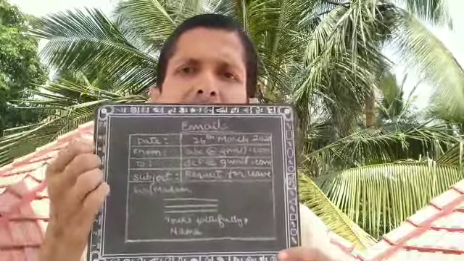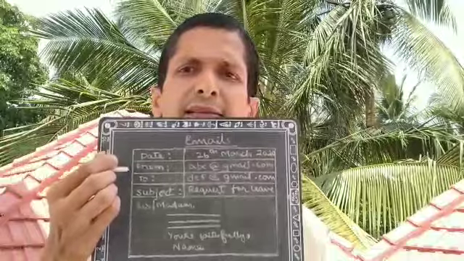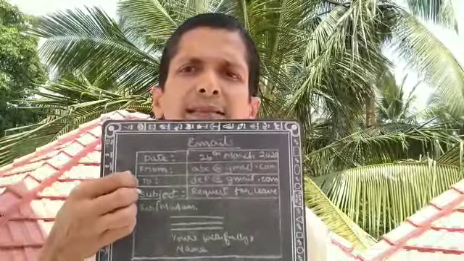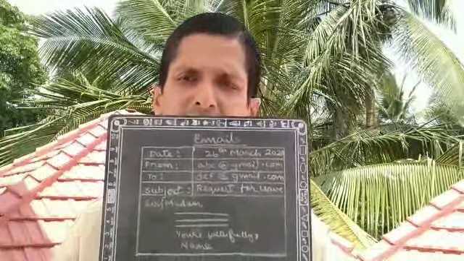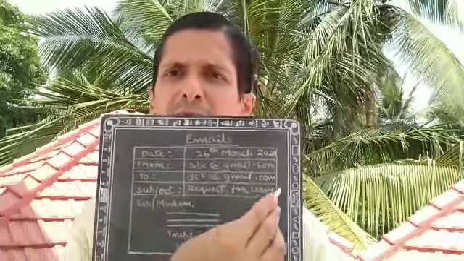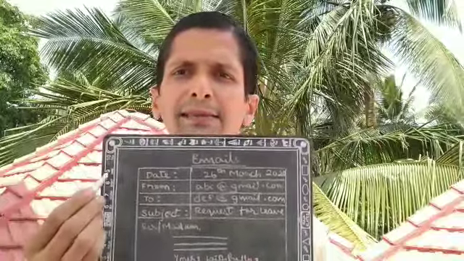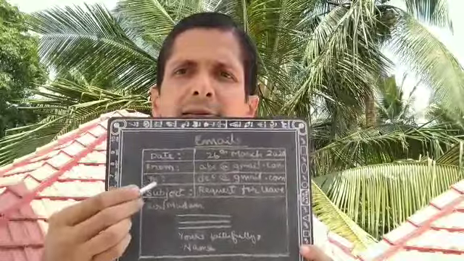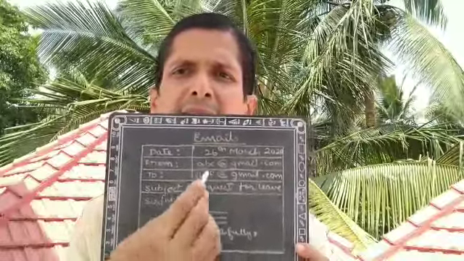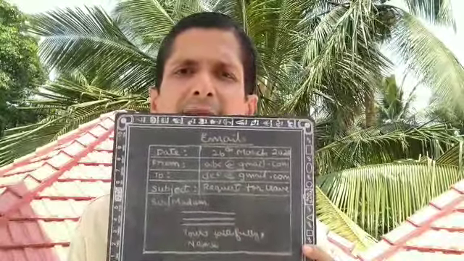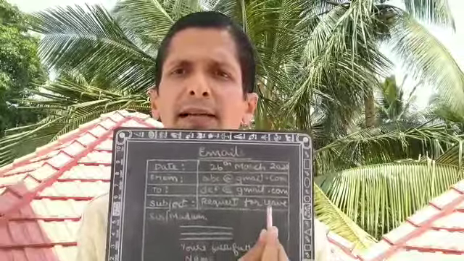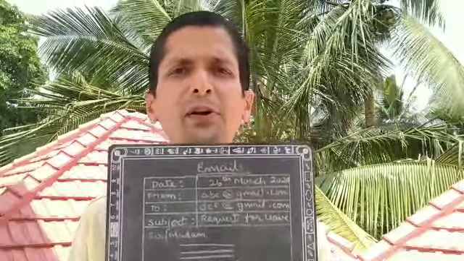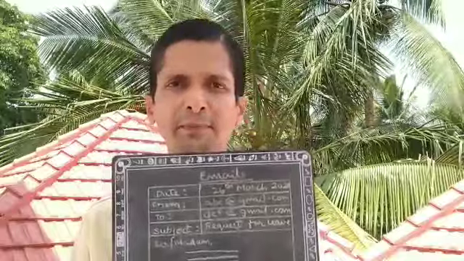I repeat once again, this is the date field, the from field, the to field, the subject field, and the message box. So we have to draw a table like this, and write all these fields and their details, and then write the message. The subject and the message will depend on the question that we get for the exam.